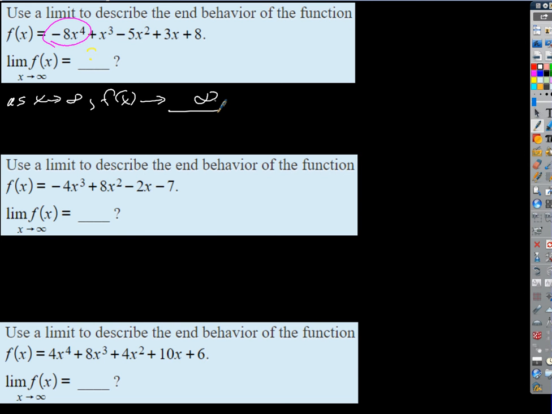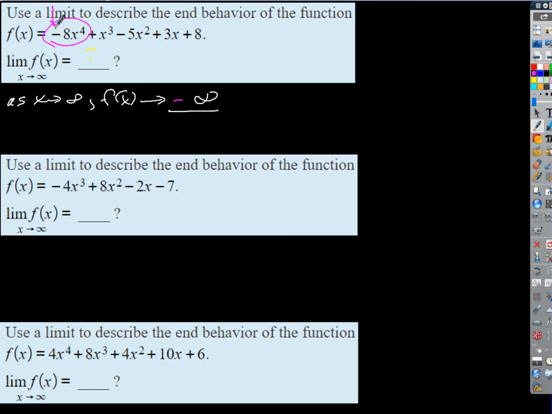If I'm approaching positive infinity, a large positive number to the fourth is positive, but then if I multiply by a negative coefficient, it's going to become negative. So I know because of this part right there, it's going to be negative.